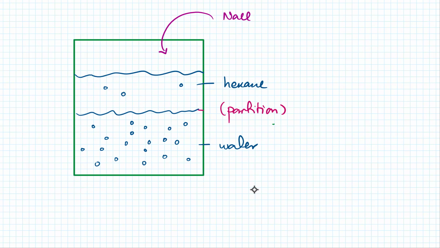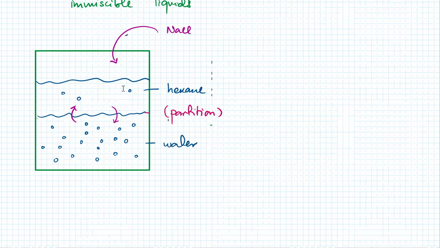So particles are constantly moving from the water layer into the hexane layer and from the hexane layer back into the water layer. Now, if both rates are equal, like if two particles move into the hexane layer per second and two particles move from the hexane layer into the water layer, then the concentration of the particles in both layers would remain exactly the same. And that would mean that there's an equilibrium established at the partition. Is that clear?